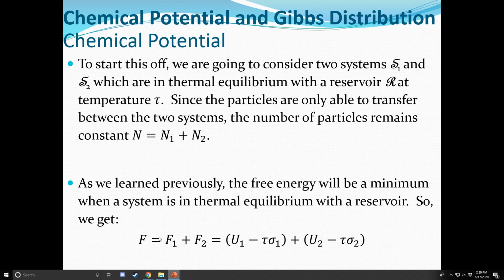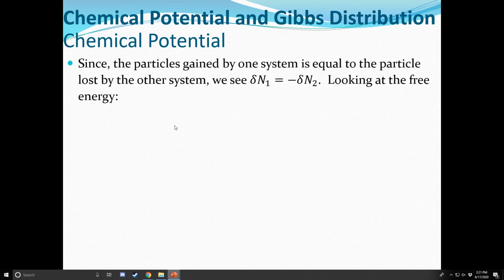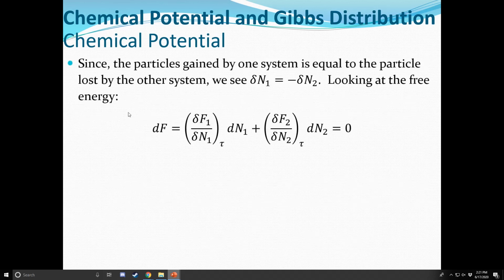The total free energy is just the sum of the free energies of the two systems, S1 and S2, using the equations we got before: the internal energy minus the heat added, for system 1 and for system 2. Because we want to find the minimum, we take the derivative of both and set that equal to 0.